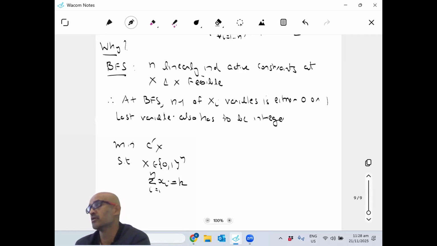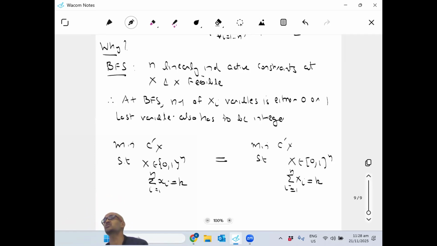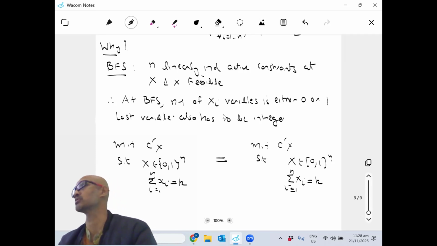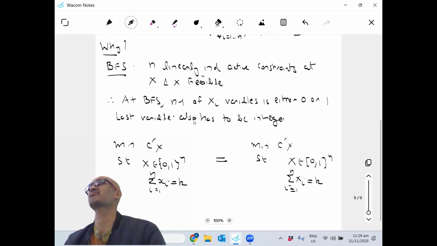This is exactly the same as minimizing c transpose x subject to x in {0,1}^n, where the summation i equal to 1 to n of xi is equal to k. So this is a problem where the LP relaxation gives you exactly the integer programming solutions, and the IP becomes an LP because the convex hull of this set is precisely defined by the LP relaxation.